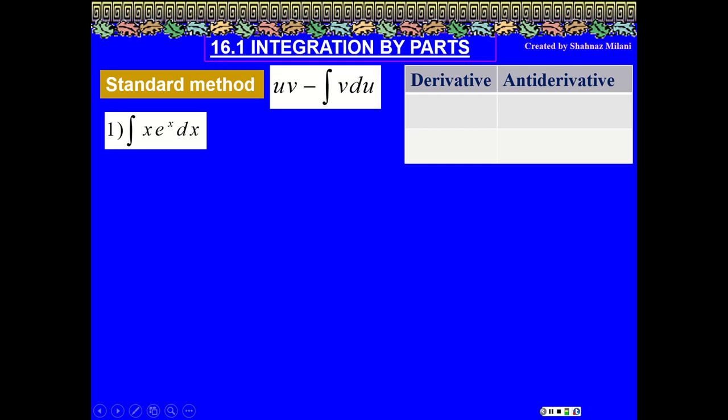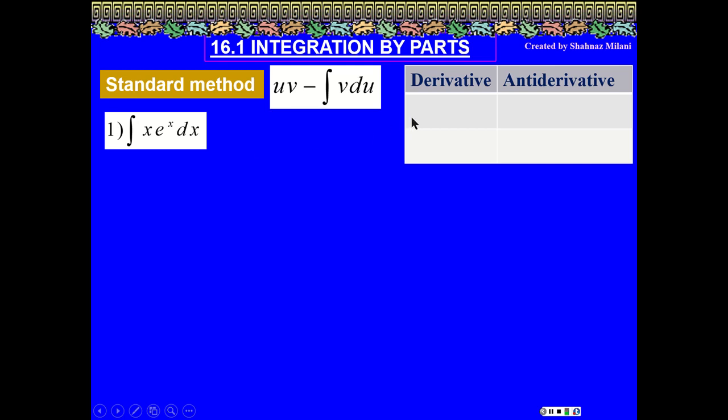That means no matter what, there is no way you will reach 0 when you take the derivative of e to the exponent x. But if I choose the x, yes, I'm going to reach 0. Then u is going to be my derivative part.